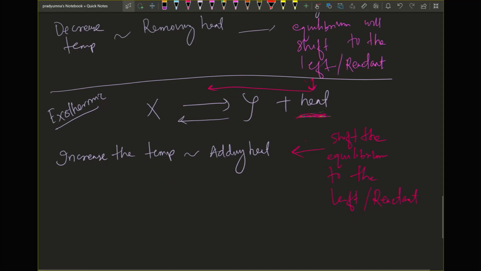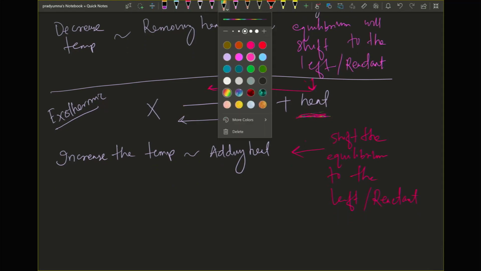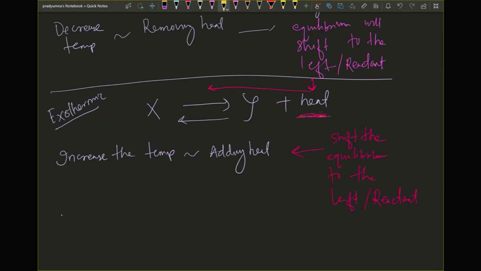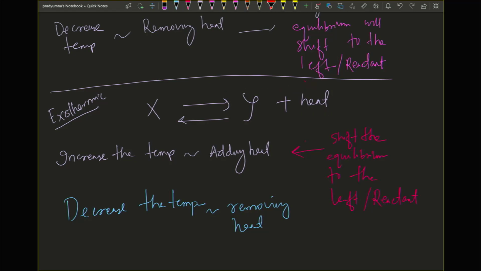Okay, so let's do another practice. What if instead of adding heat, we decrease the temperature? Decreasing the temperature means almost equal to removing heat. So think of it this way: if I open a tap here, what's going to happen? The water will flow from the left side to the right side to make things balance.